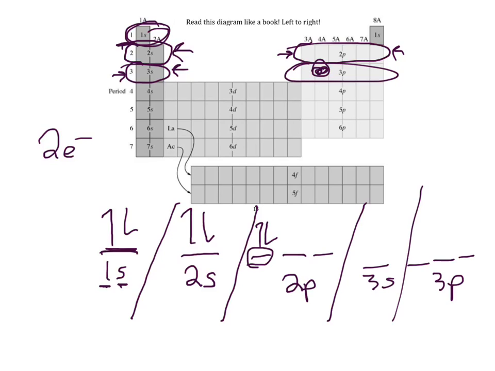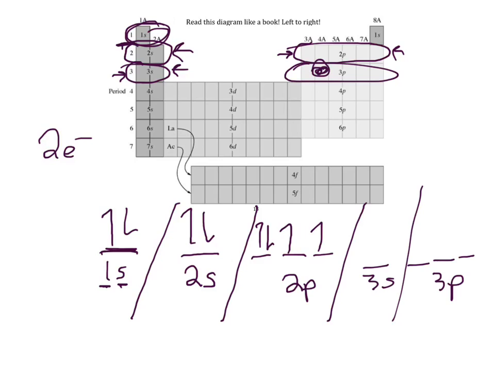This is one orbital right here. Instead, what happens is each orbital will get one electron first, and then they go back and pair up.